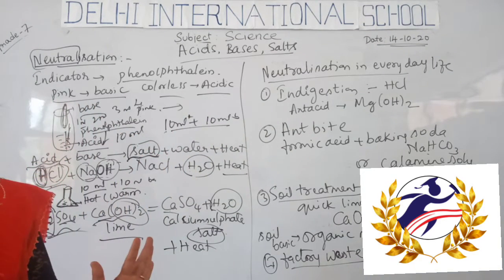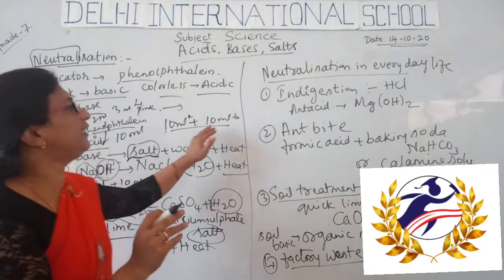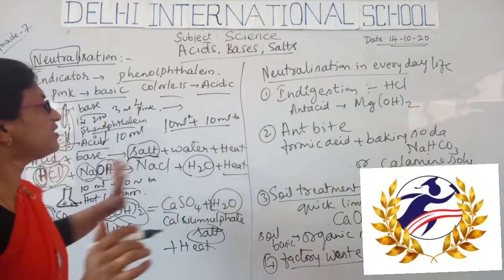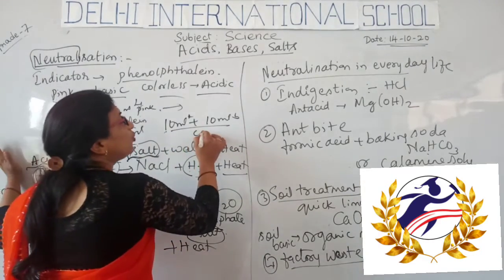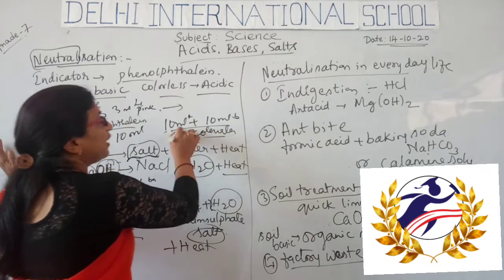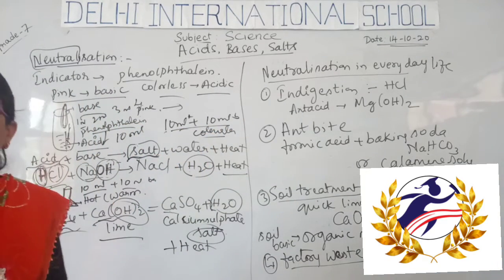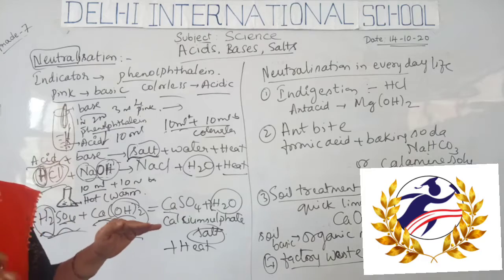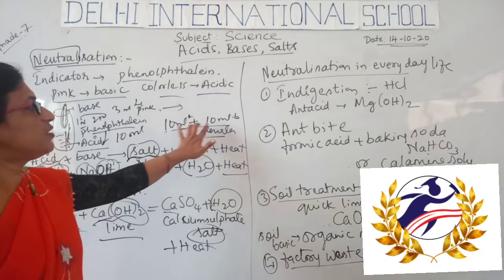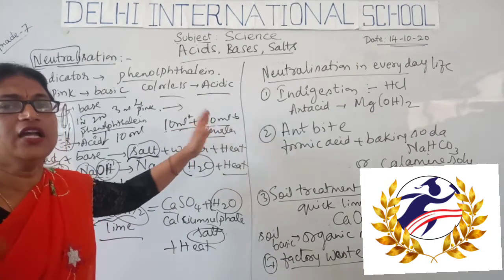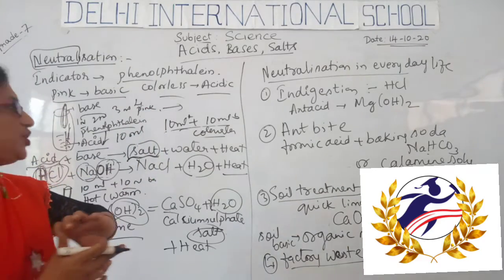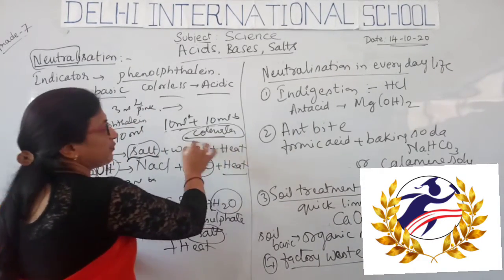All the ions of the acid become neutralized with all the ions of the base. After everything is neutralized, it is converted into colorless again, because now there is no acidic property and no basic property. It becomes neutral. Once the same amount of acid is mixed with the same amount of base, it undergoes neutralization and again becomes colorless.